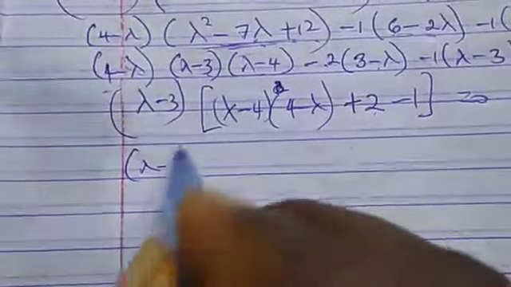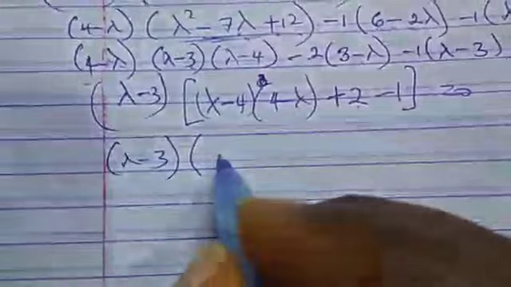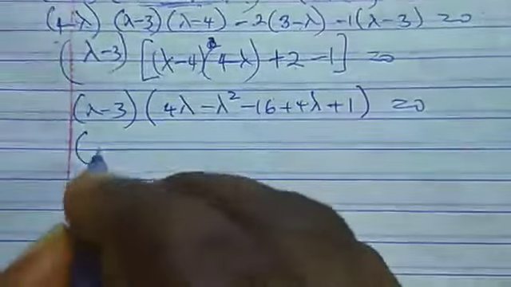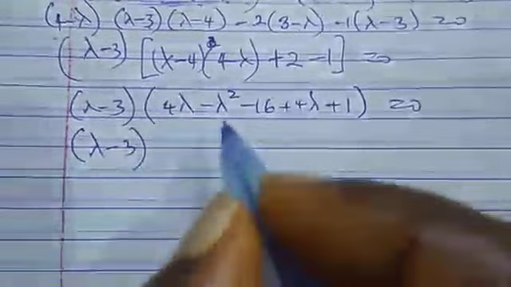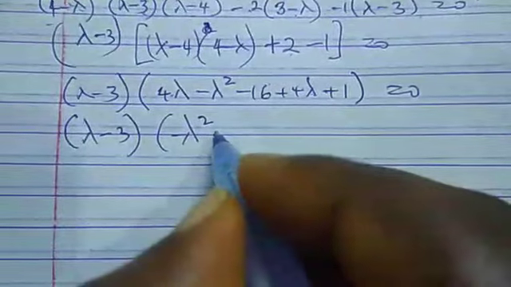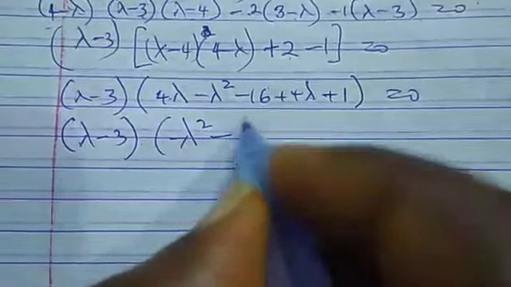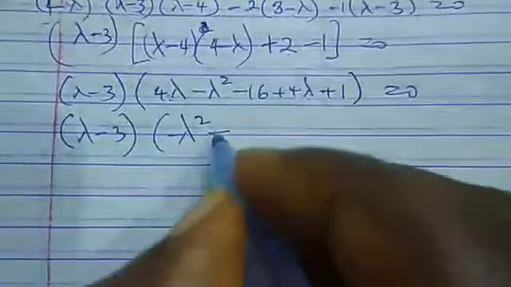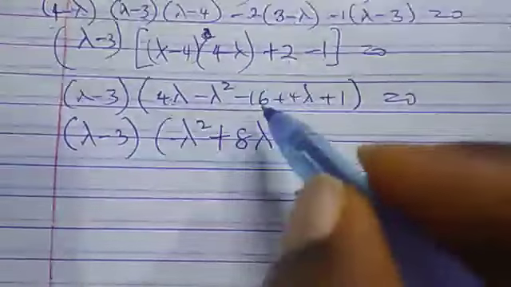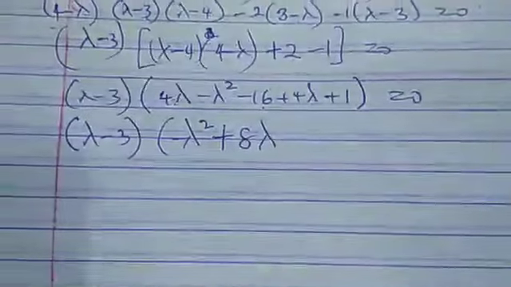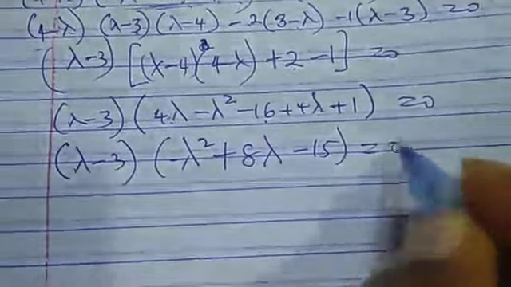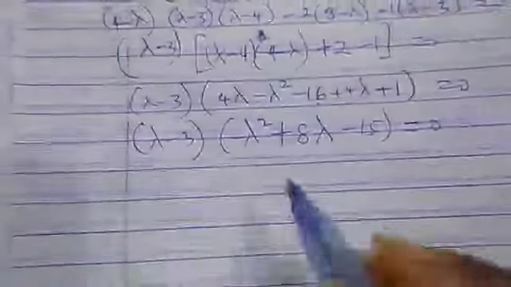So this is lambda minus 3 into, if you expand this, we are going to have minus lambda squared. This is minus 4 lambda plus 4 lambda, it will become plus 8 lambda, and minus 16 plus 1, minus 15 equal to 0.